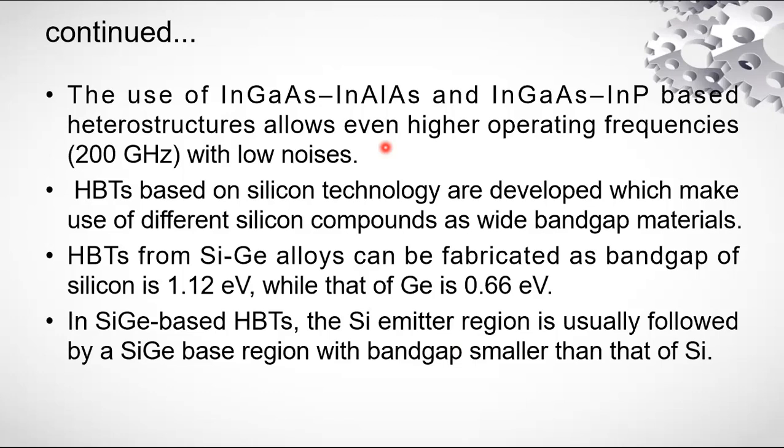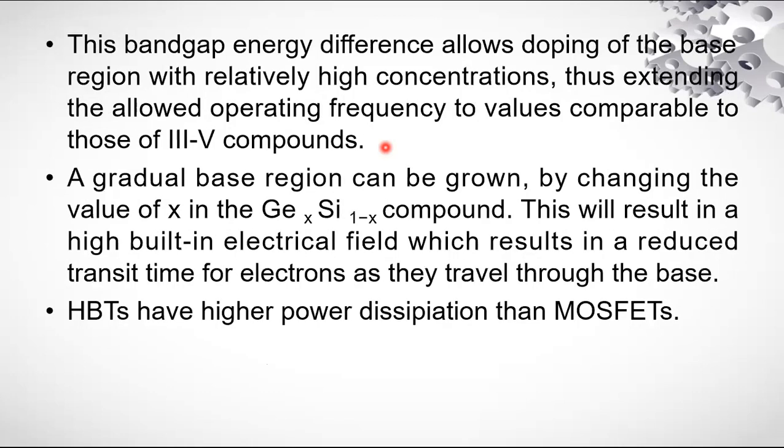So silicon germanium based HBTs can also be fabricated. Now, this band gap energy difference allows the doping of base region with relatively high concentrations, thus extending the operating frequency to values comparable to the 3-5 compounds.